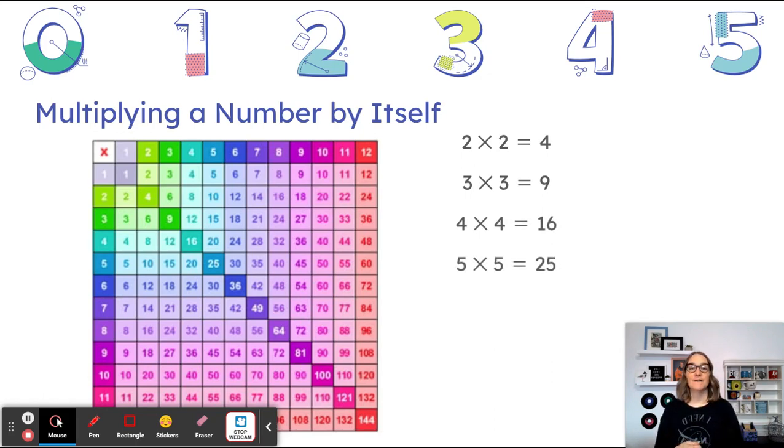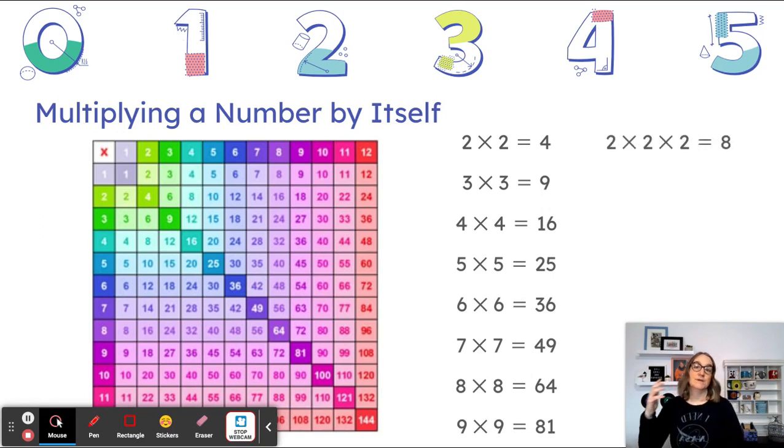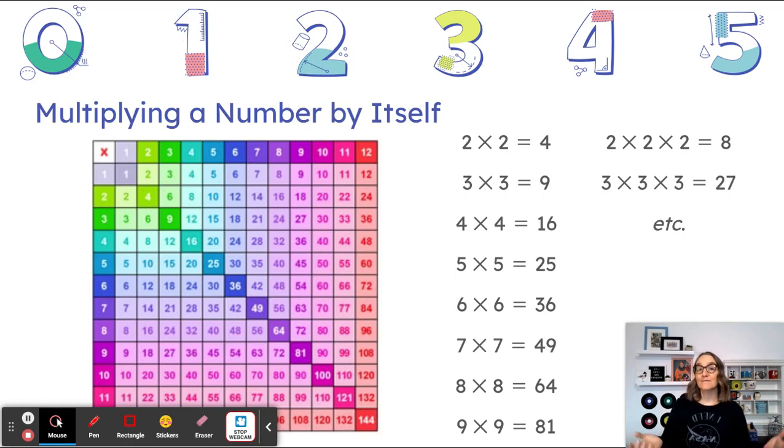So is 25 and 36 and 49 and 64 and 81 and so on and so on. Now, the same is true for cube numbers. So 2 times 2 times 2 equals 8. That means 8 is a cube number. And 3 times 3 times 3 equals 27. So 27 is a cube number. And so on and so on, ad infinitum, which means to infinity.